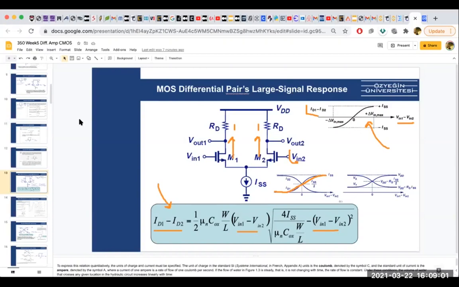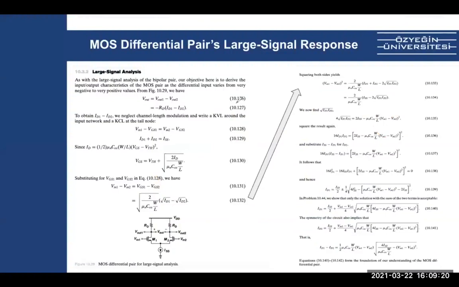For those of you who want to learn where this function comes from, it comes from a bunch of equations. But the two important equations are: V in 1 minus VGS1, which is this voltage, equals V in 2 minus VGS2, so it's the same voltage. And the other important equation is that we already know this current plus this current is ISS.